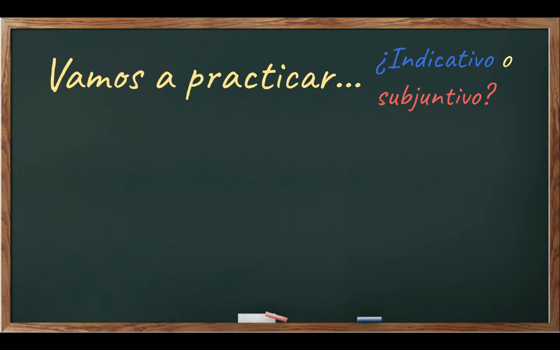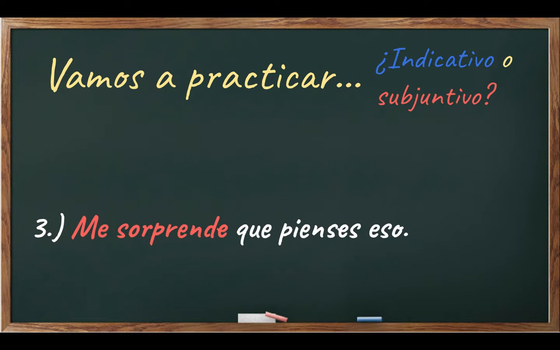Now, I will give you a spoiler alert. These next two sentences also check all three of the boxes of two verbs, two subjects, and que or quien. We're just going to forego that. They all have it, but we can kind of skip right over that step and just look for buzzwords. So this one, me sorprende que pienses eso. It surprises me that you think that. Now we know that it checks three boxes, but we know for sure that it's the subjunctive because of the verb sorprenderse.